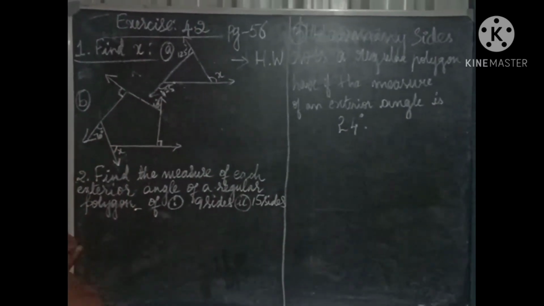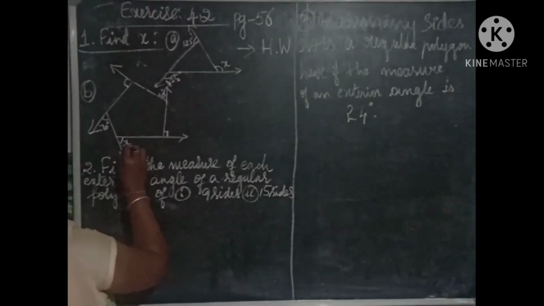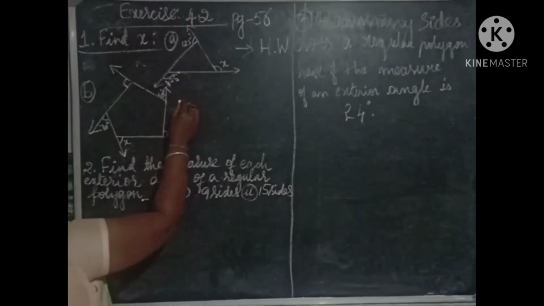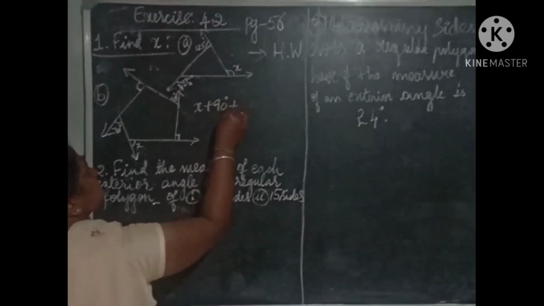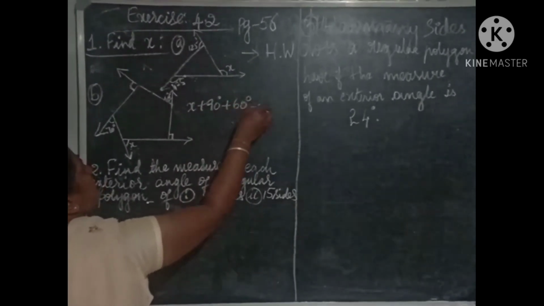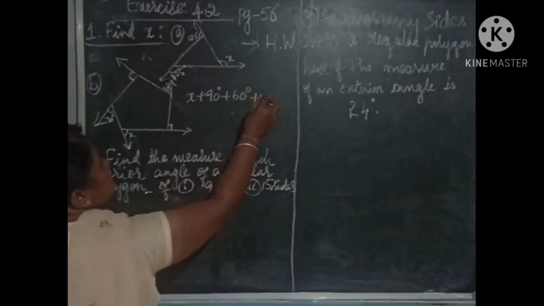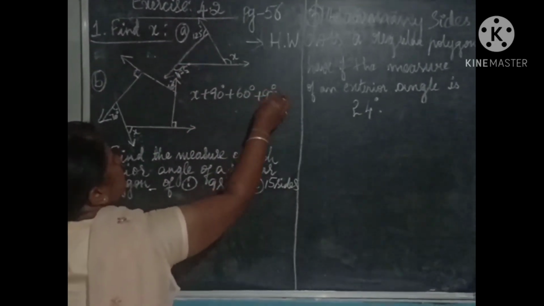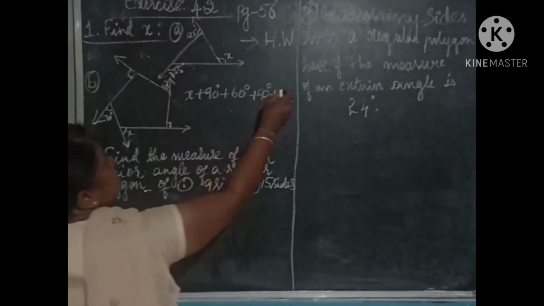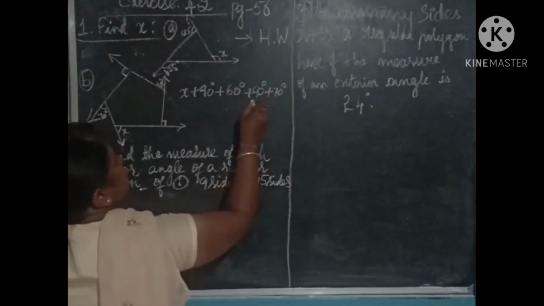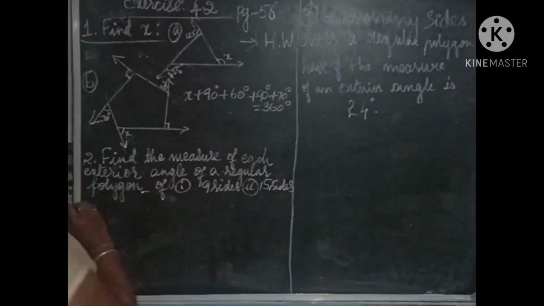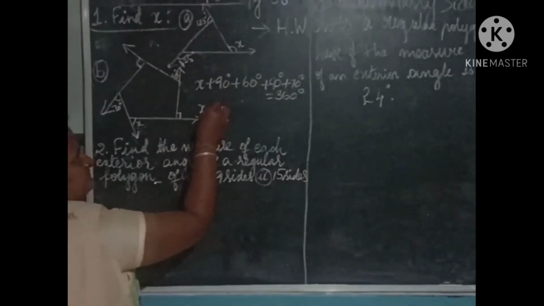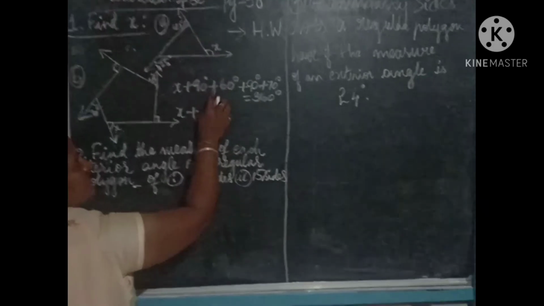And this is 70 degrees. So can we write x plus 90 plus 60 plus again 90 degrees plus 70 degrees is equal to 360 degrees. Now x plus 90 plus 60 is 150.